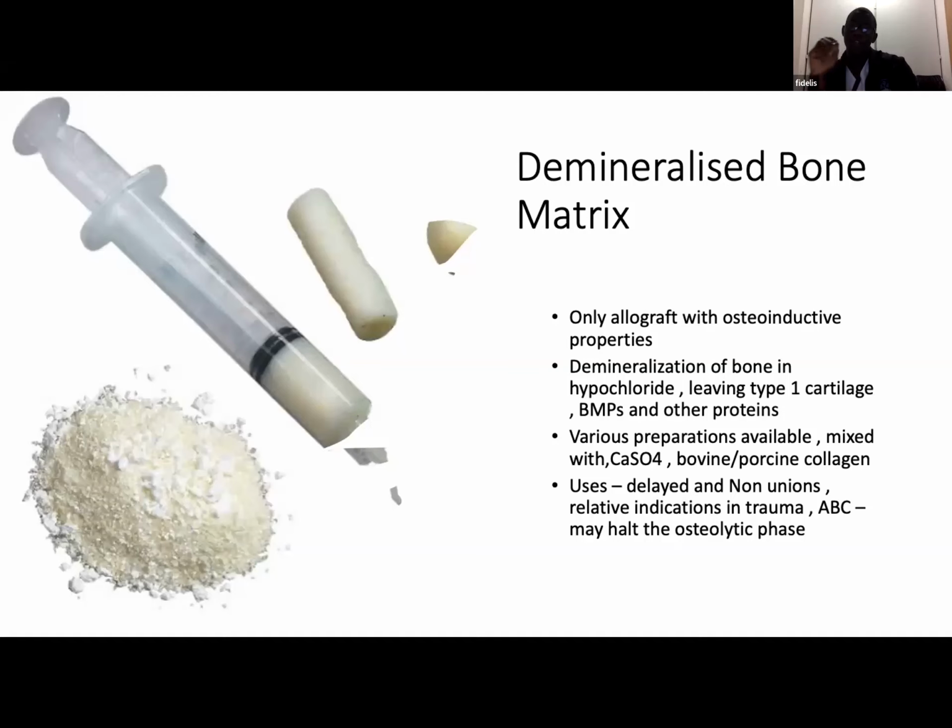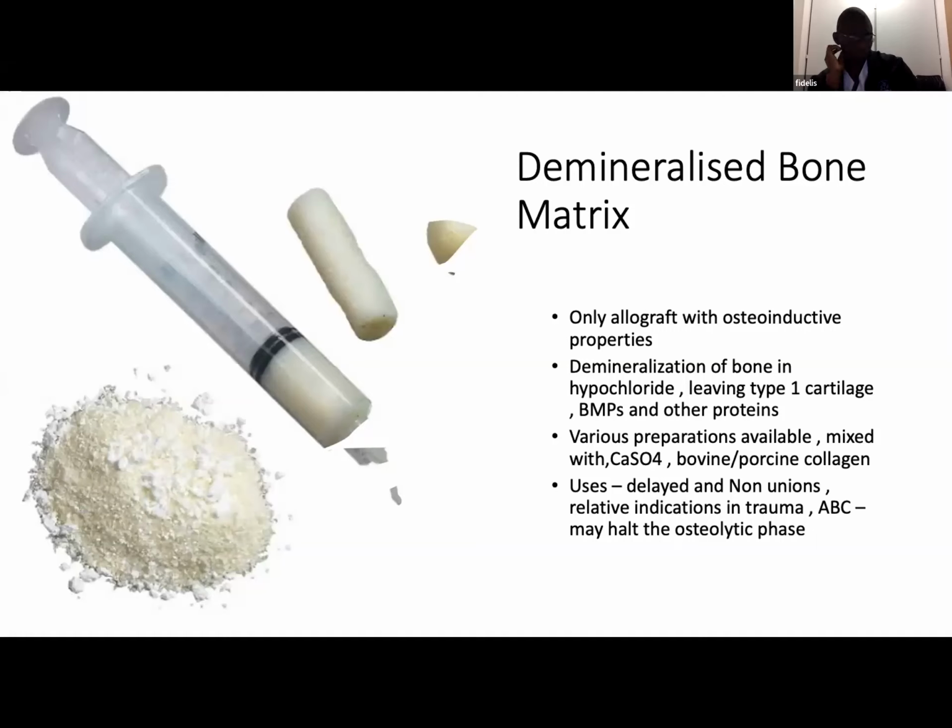And then it can also be mixed with other materials like calcium phosphate, and bovine or porcine collagen, just to increase the volume of your allograft. It's minimally allergenic, and its use is mainly for non-unions and delayed unions. Those are the main indications, but you also have relative indications in acute trauma as well.